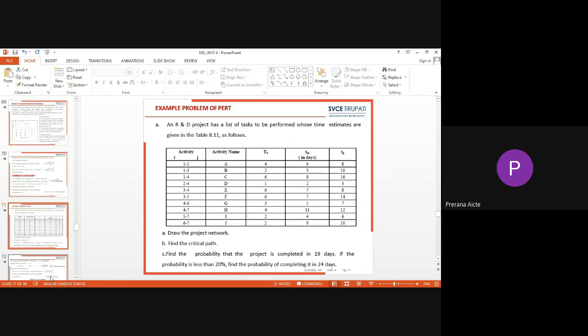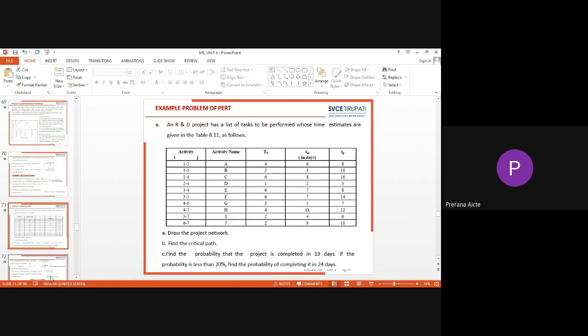Therefore, we can assume that i is equal to 1 for the first activity and j is equal to 2 for the same activity. Similarly, for the second activity, i is equal to 1 and j is equal to 3, and so on. Based on i and j, we can also find the earliest times, as in the case of the critical path method.